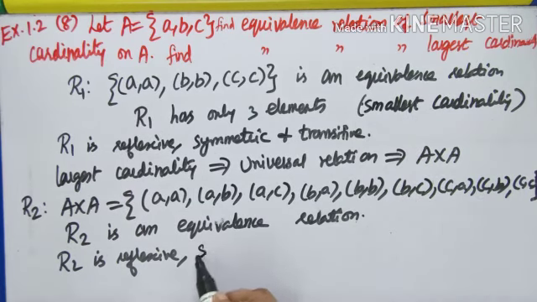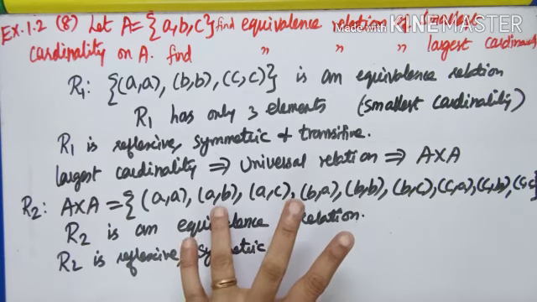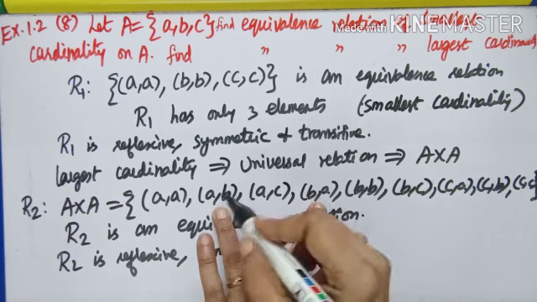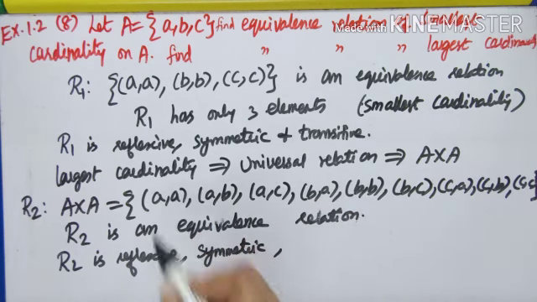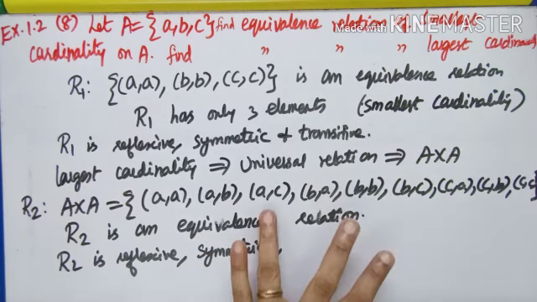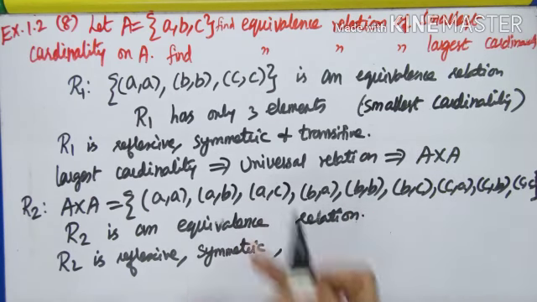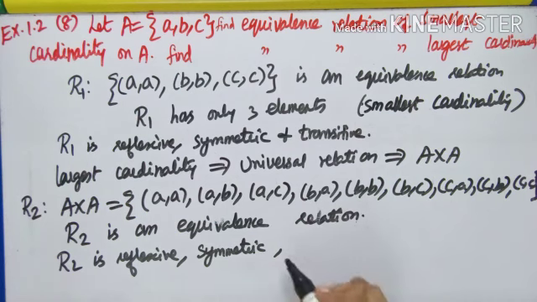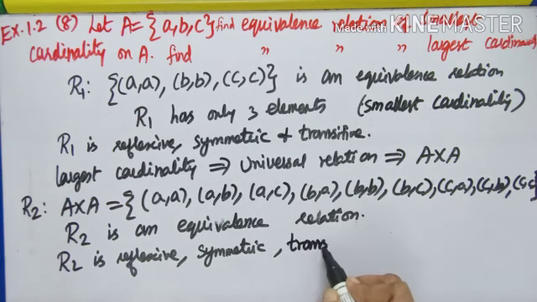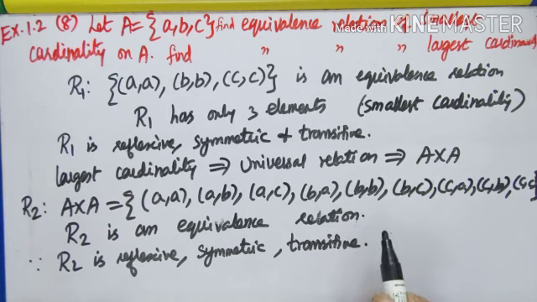So I will say it is also symmetric. Finally, I come to transitive. (a, b) and (b, a) combine, b cancels, means (a, a) is present. (a, c) and (c, b), c cancels, means (a, b) is present. So I can say it is also transitive. So R2 is reflexive, symmetric, transitive. I can declare R2 is an equivalence relation.